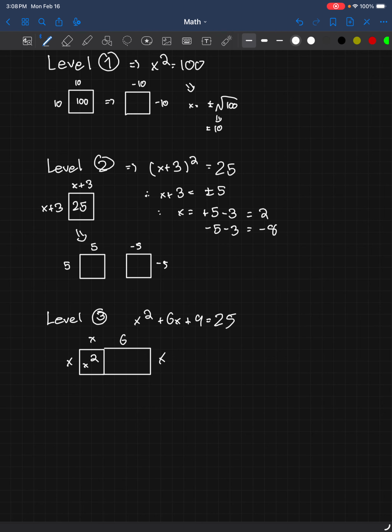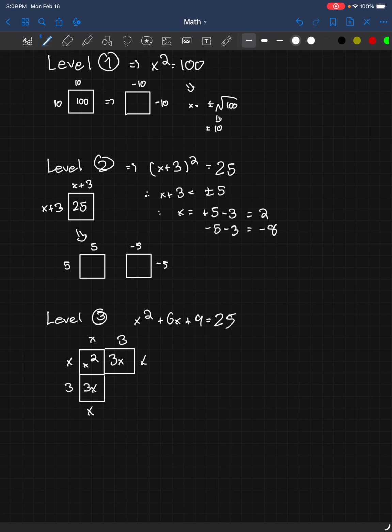Now things get a little confusing. This isn't a square at all. So, we can just divide the 6x by 2. If we make a 3x over here, so 3x, x, 3, and we make another 3x here, x, 3.